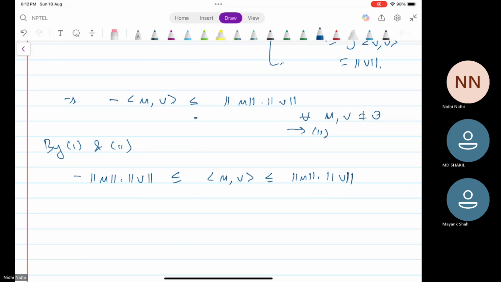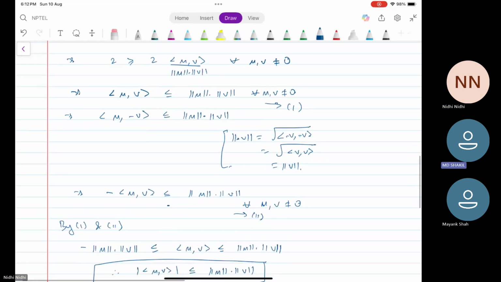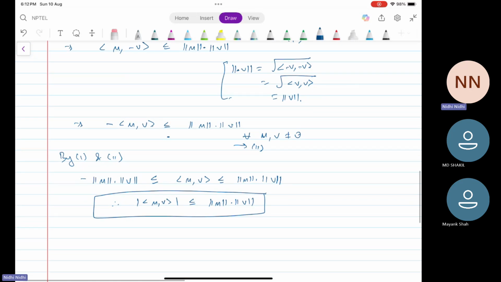Therefore, we get modulus of the inner product is less than or equal to norm u, norm v. Is it clear now how we are getting this inequality? Yes, ma'am. It is clear now. And the equality part, I hope you can do. Okay, ma'am.